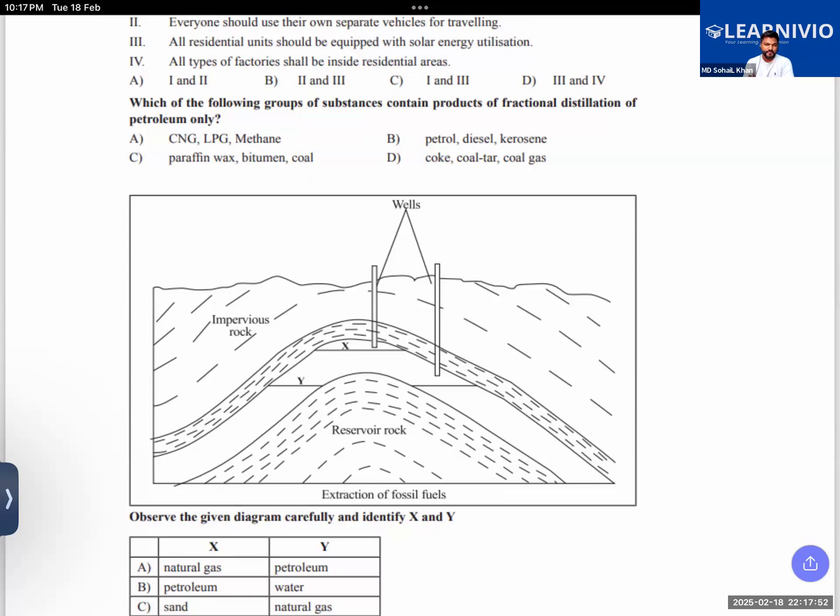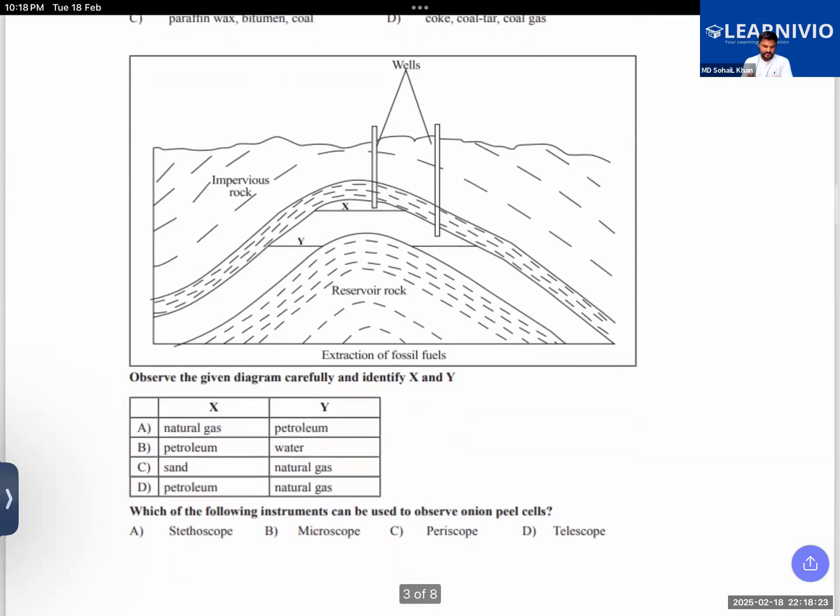Only petroleum. Paraffin wax and, wait, no. There's coal in that, no? So that won't be correct. Petrol, diesel, and kerosene. Very good.